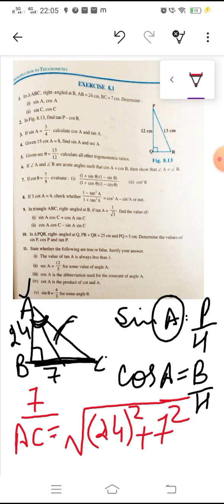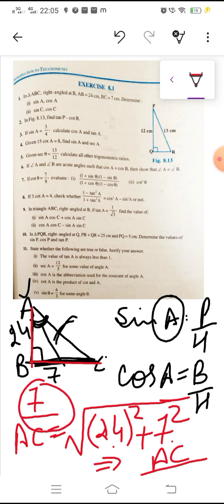I'm not saying AC square, it is AC, that's why I'm taking the square root. AB square is 24 square, BC square is 7 square. So you can find the value of AC, the hypotenuse, and put this value in to find sine A and cos A.